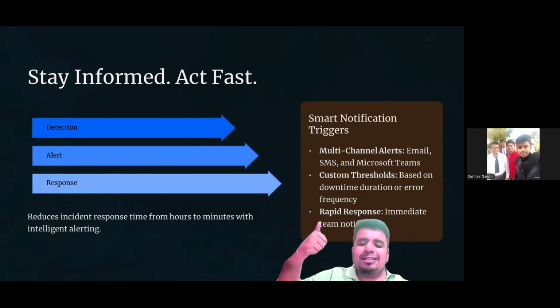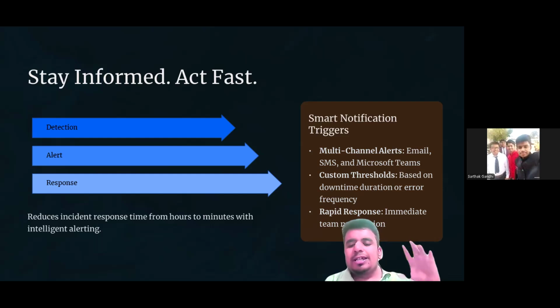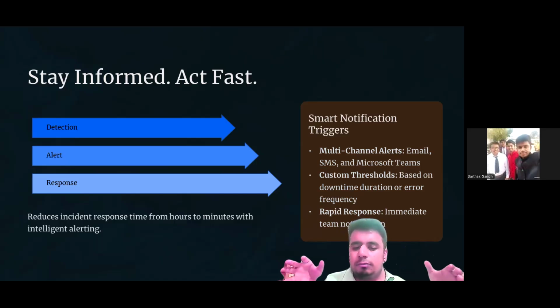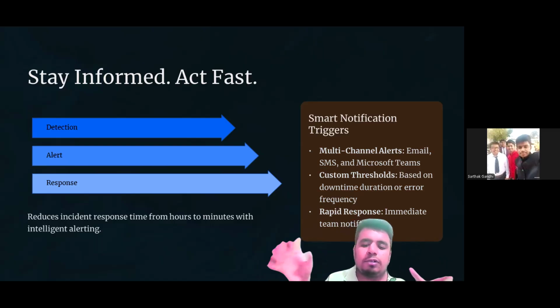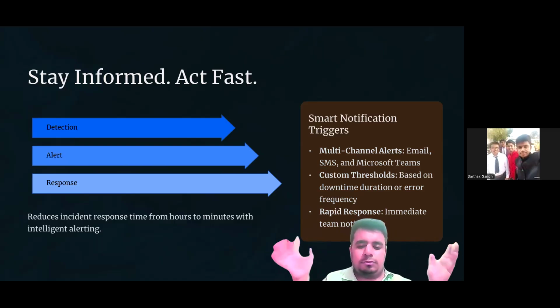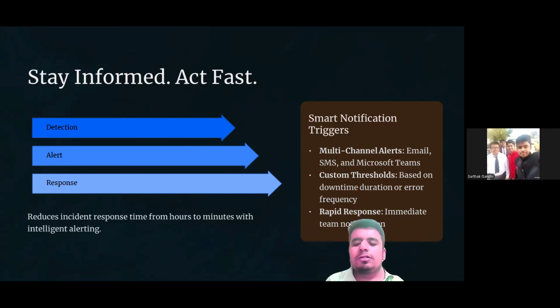First is the multi-channel alert. We can create an email alert, an SMS alert, and a Microsoft Teams alert. We can send them once we add the people, the group of people. Okay. Custom thresholds based on downtime duration or error frequency. Rapid response, immediate team notification.